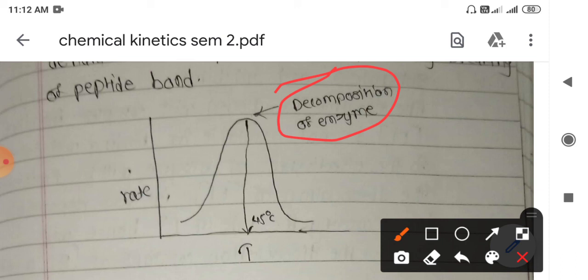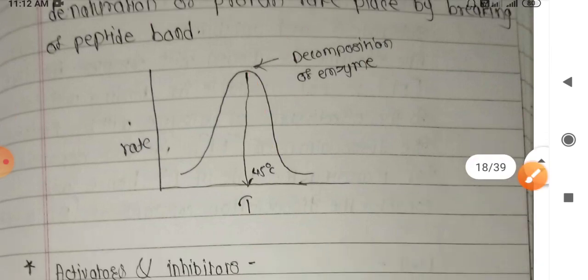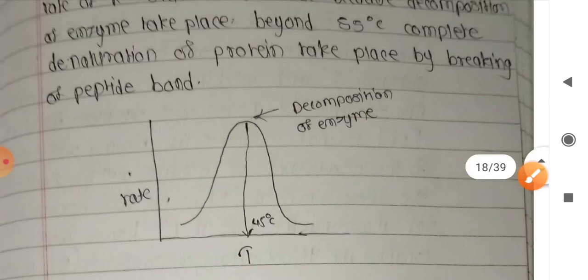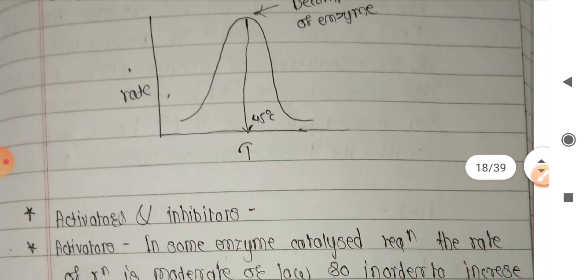These peptide bonds get broken, and that's why we get a decrease in the rate of reaction beyond a certain temperature. At 45 degrees centigrade we get the maximum rate.